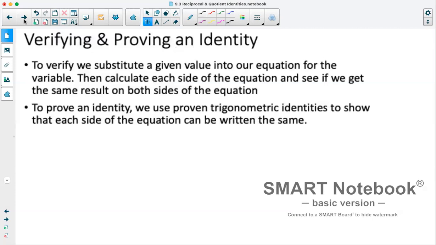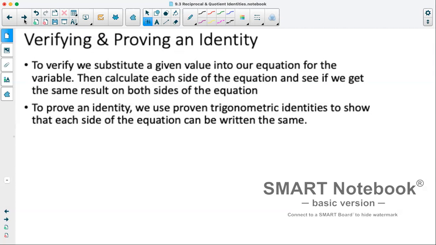So that's what we'll talk about: verifying and proving an identity. Verifying and proving are two entirely different things. Verifying essentially means that we're putting a value in for our variable and seeing if one side of the equation equals the other side.